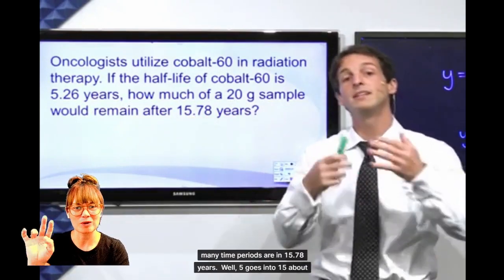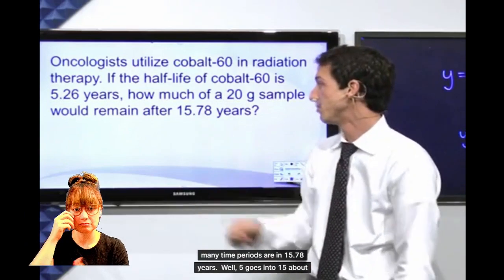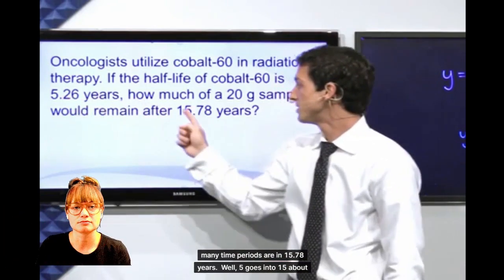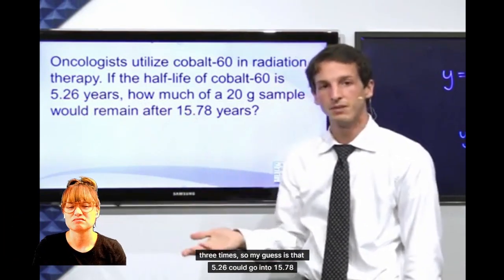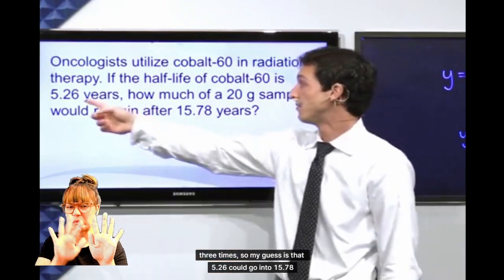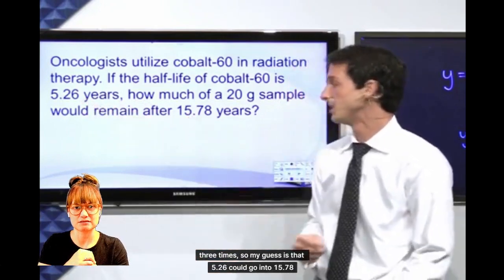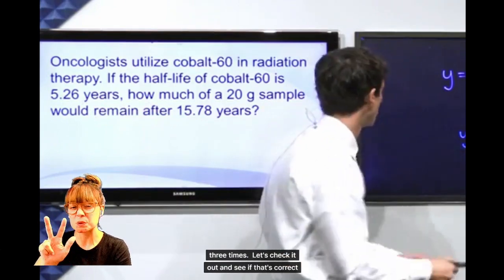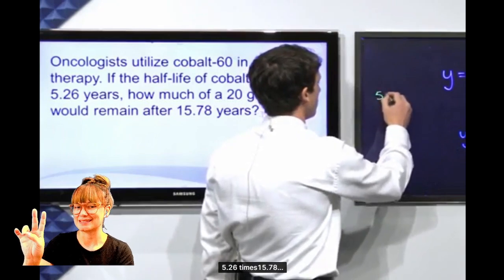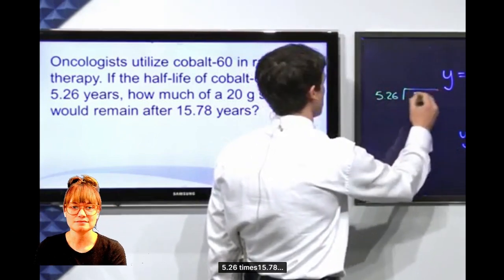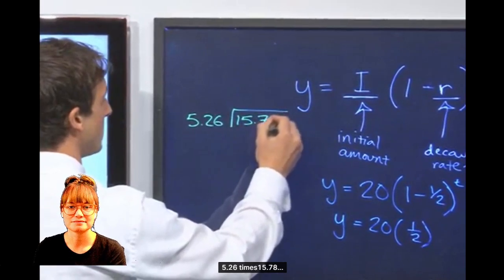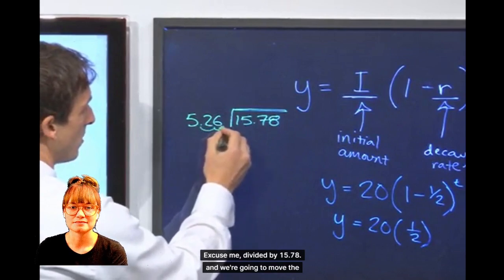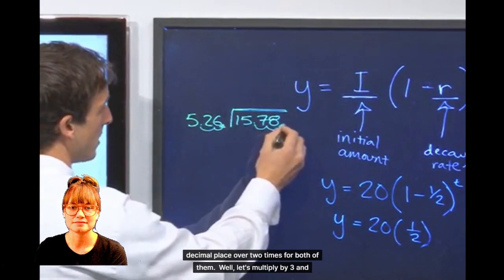Well, let's figure out how many time periods are in 15.78 years. Well, 5 goes into 15 about 3 times. So my guess is that 5.26 could go into 15.78 3 times. Let's check it out and see if that's correct. 5.26 times 15.78, and we're going to move the decimal place over 2 times for both of them.